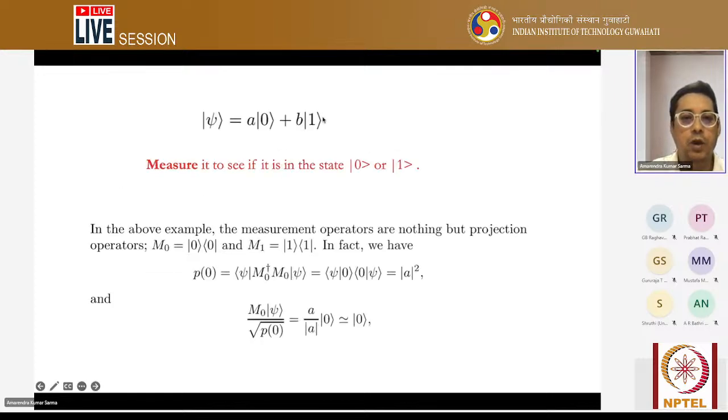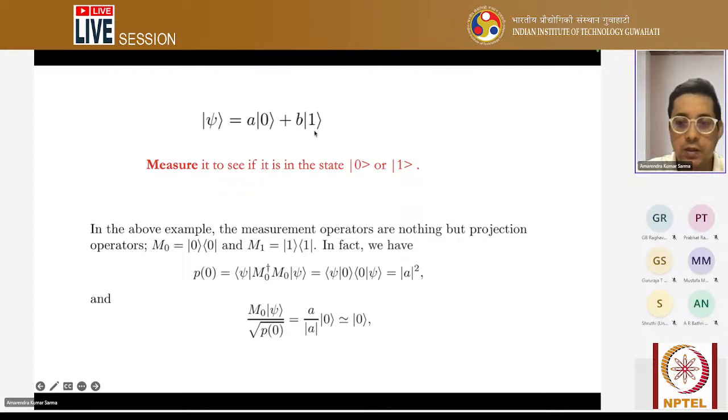For example, in the particular example I have just talked about, this arbitrary state is in a superposition of |0> and |1>. Here you can define the measurement operators, and these are projectors, because if M0 is operated on this |psi>, you will find that M0 projects this arbitrary state |psi> to one of the eigenstates, that would be |0>, and M1 is the other projection operator that is going to project it to |1>.